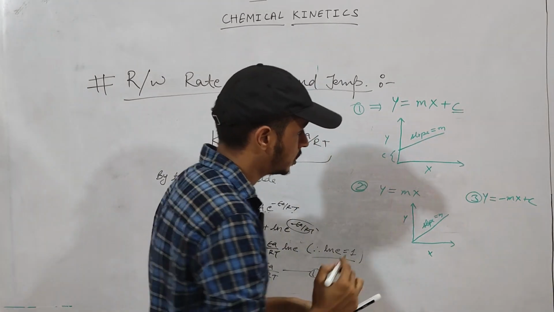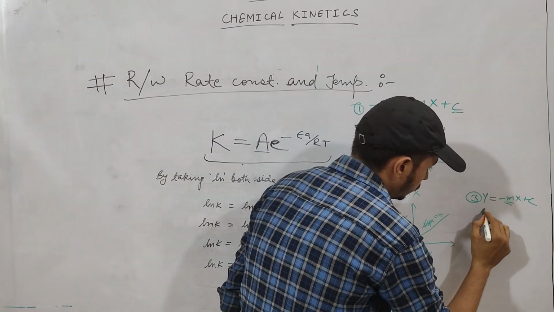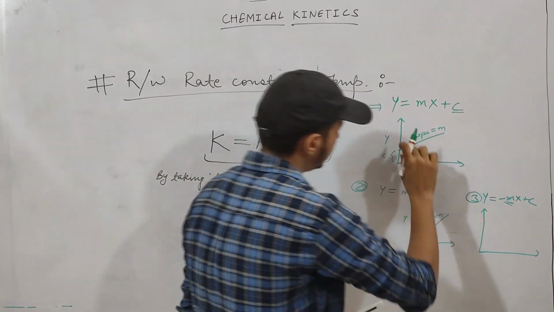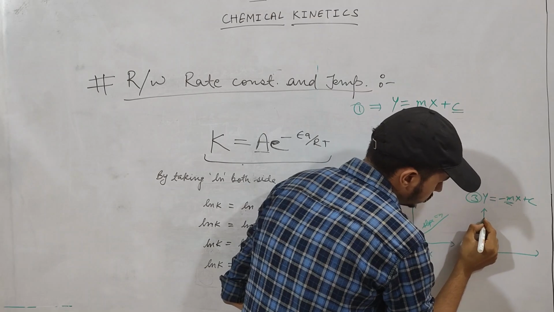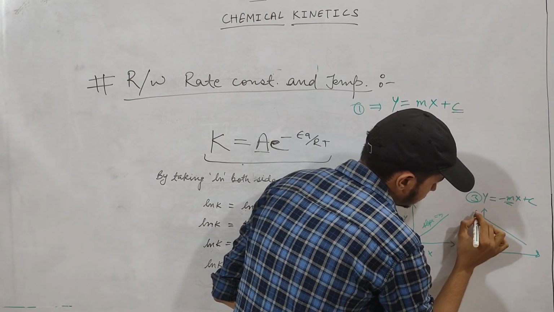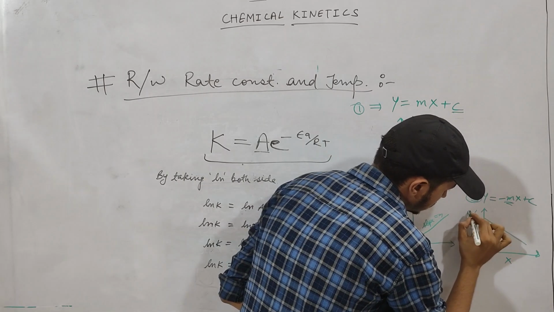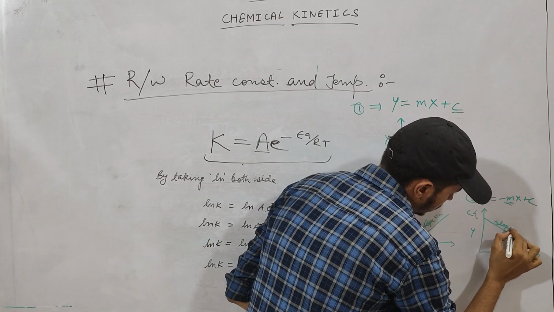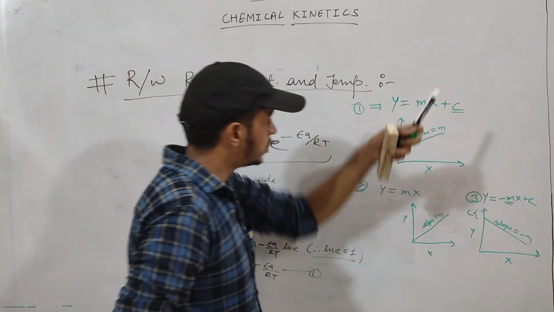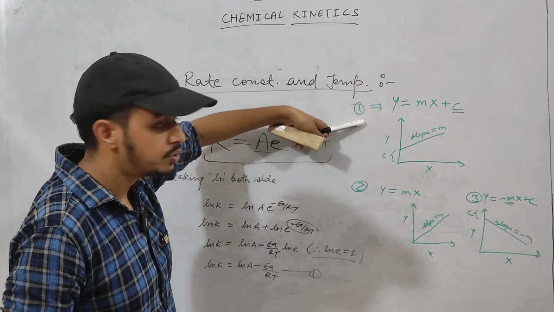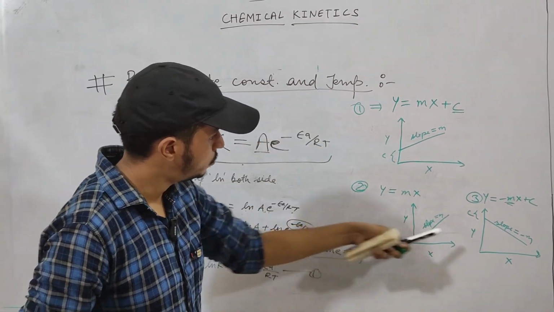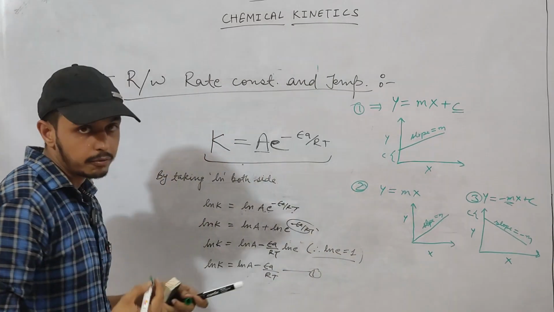For this, the slope is negative, so we will draw a similar graph but with a negative slope, like this. The intercept c will be this, this is the y axis, this is the x axis, and the slope is minus m. So these are the three important graphs which will be used again and again in the further derivations of zero order and first order.